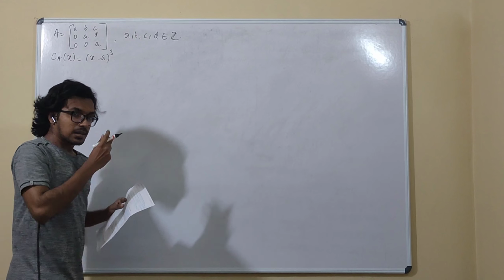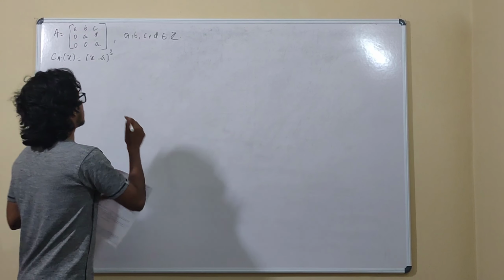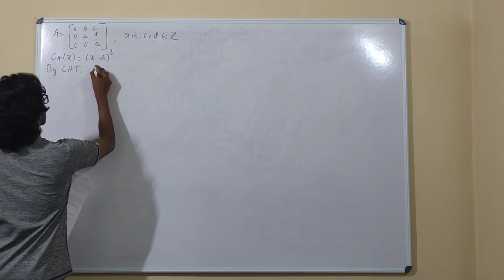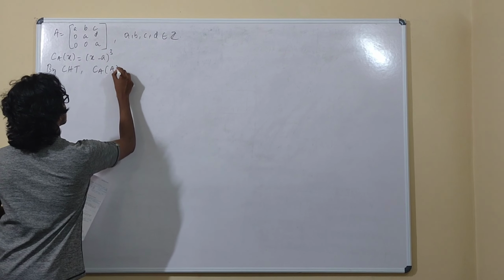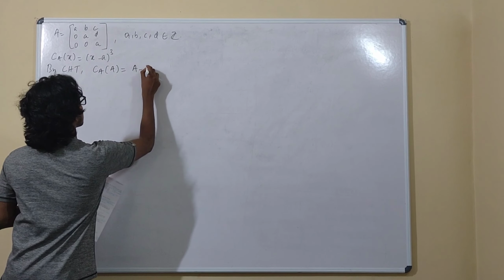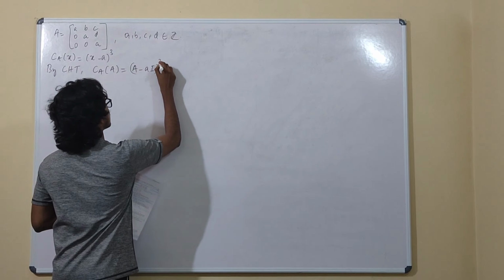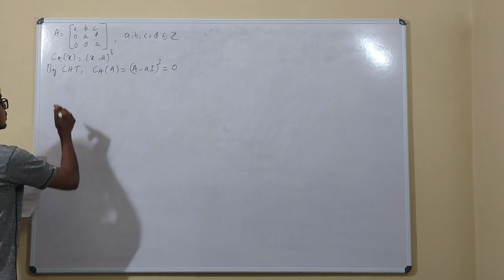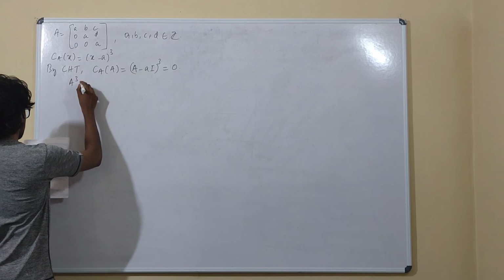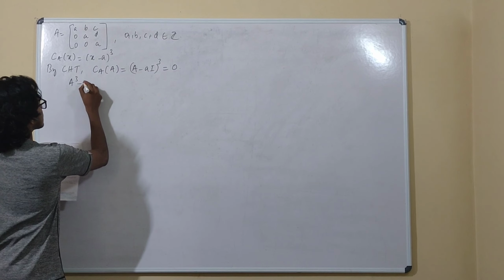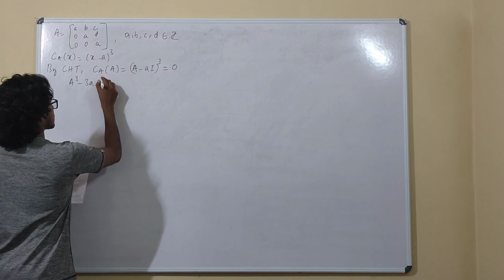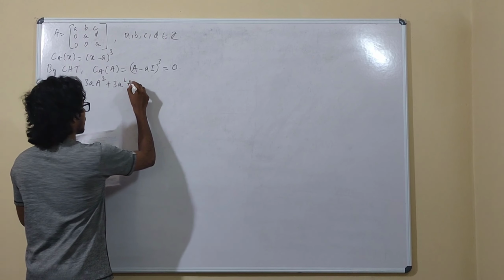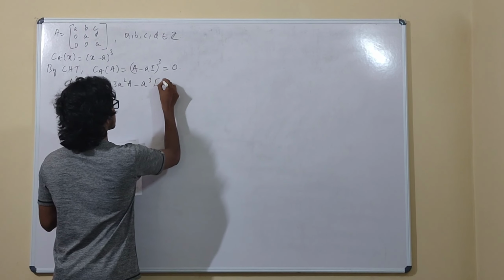With which what can we write? By Cayley-Hamilton theorem we can write that (A minus aI) whole cube equals 0. So with which what can you deduce? You can very well deduce A cube minus 3aA squared plus 3a squared A minus a cube I equals 0.